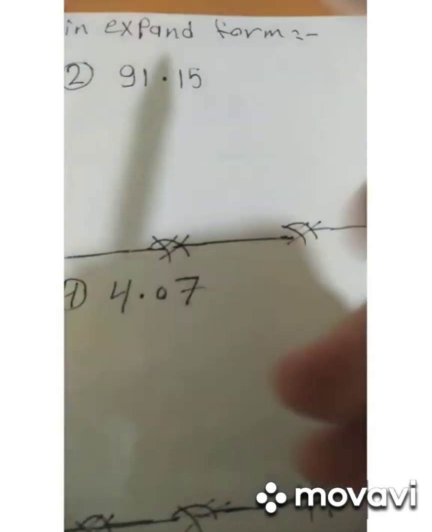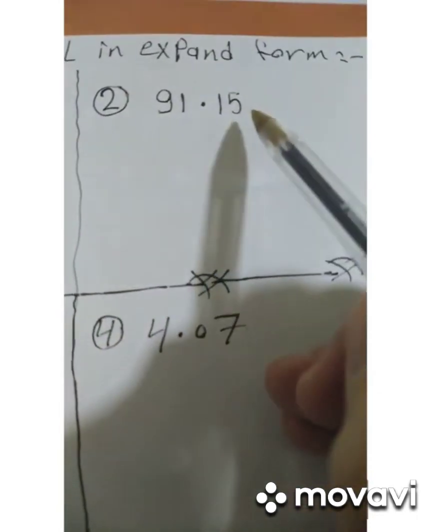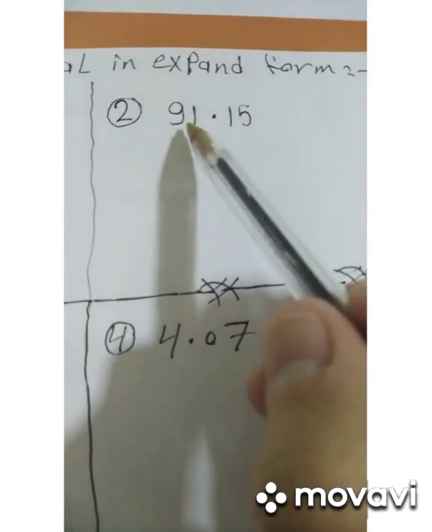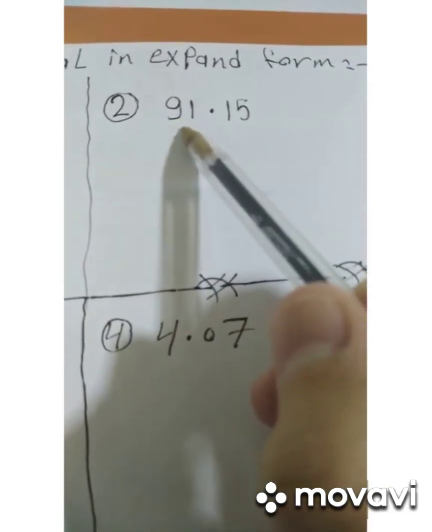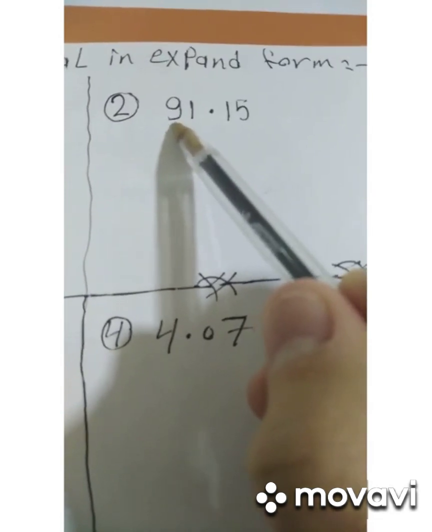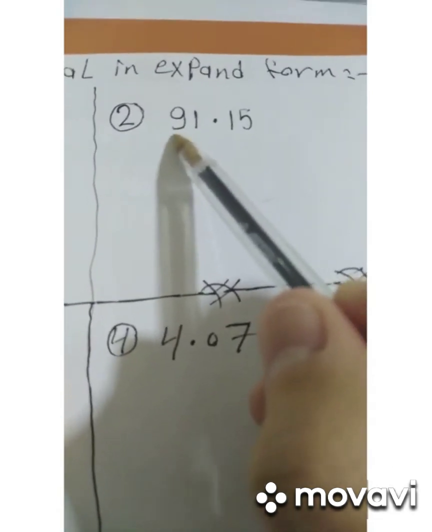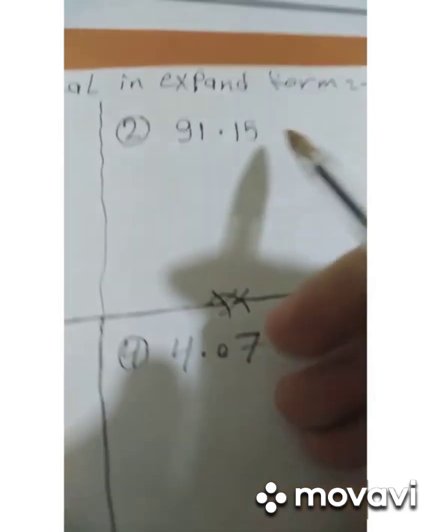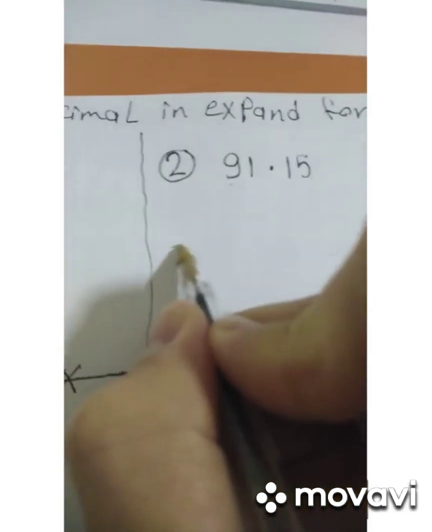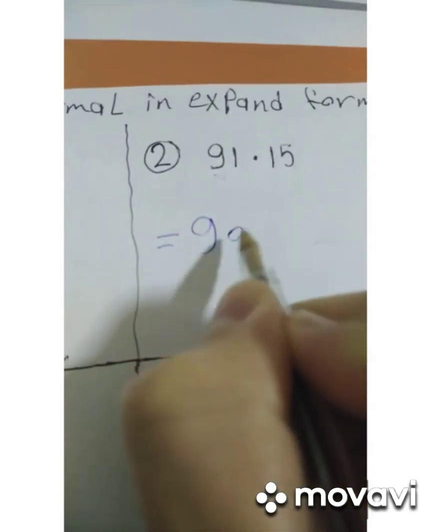Number 2, 91 and 15 hundredths. Start with the whole number. The largest digit is what? It is 9. The second digit in the whole number. What is the place of 9? It is tens. So 9 in tens equals 90. Yes, we can write it 90.